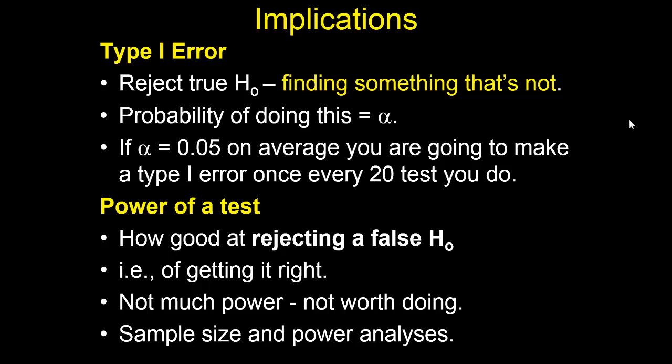So sample size is quite crucial here, and there's a whole bunch of techniques called power analysis, which you'll learn about more as you do project work. These help you decide on a sample size that's not too big and not too small. Not too small, because that means you're never going to find a difference, even if there is one. It's too weak.